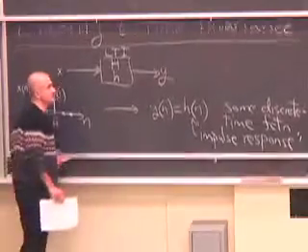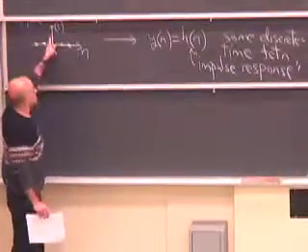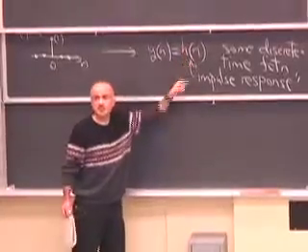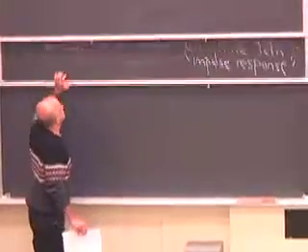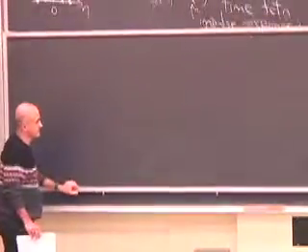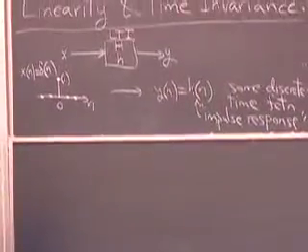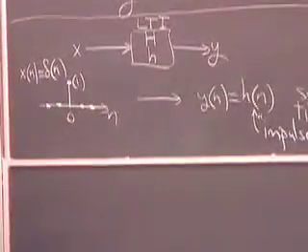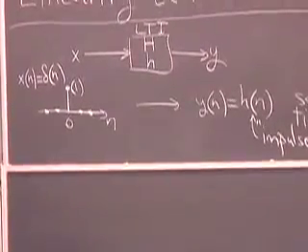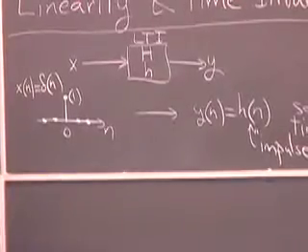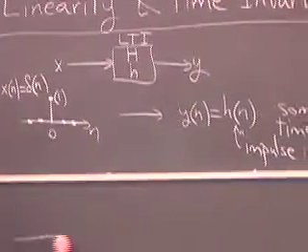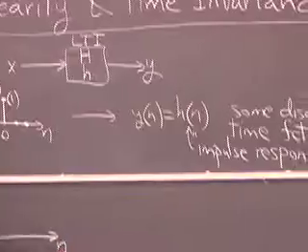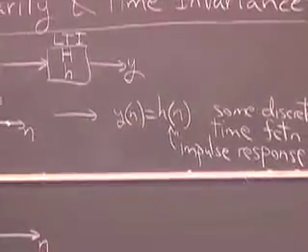Now, why is this delta and why is this h so important? Let's see. Well, if you happen to know the response of the system to this special input, I can give you any arbitrary input signal, x.